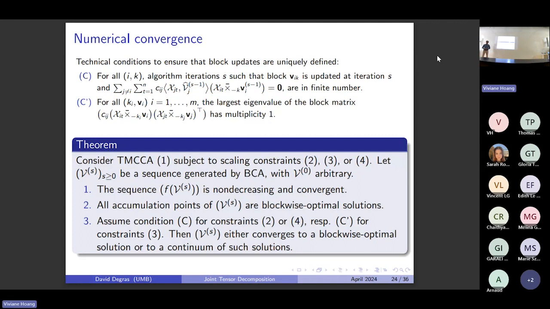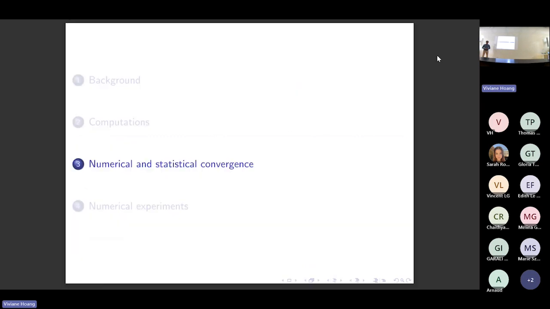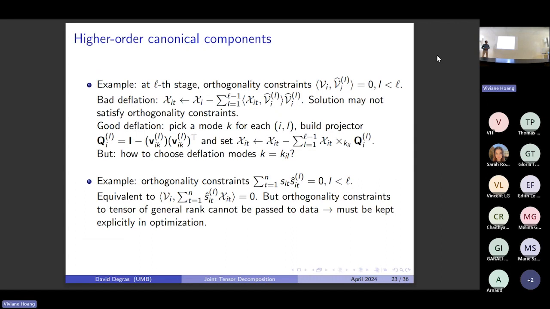I had a question about the deflation for this course. Yep. So you said that we had to keep the new constraints for other vectors, other tensors. I wondered if you could elaborate a bit on that. It's been a while since I've looked at how it's done.